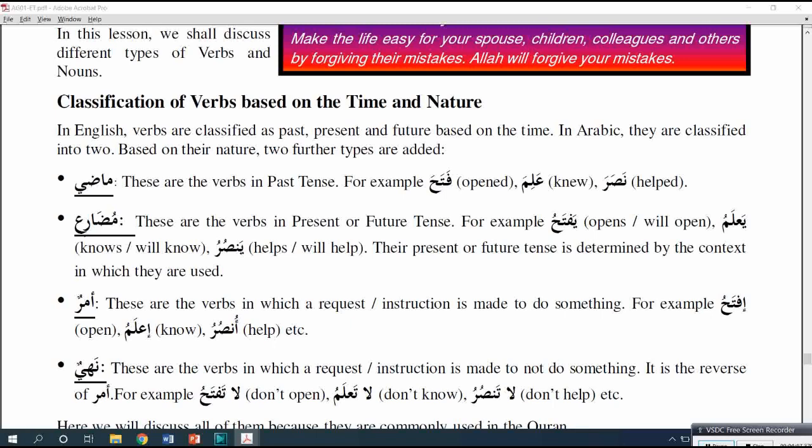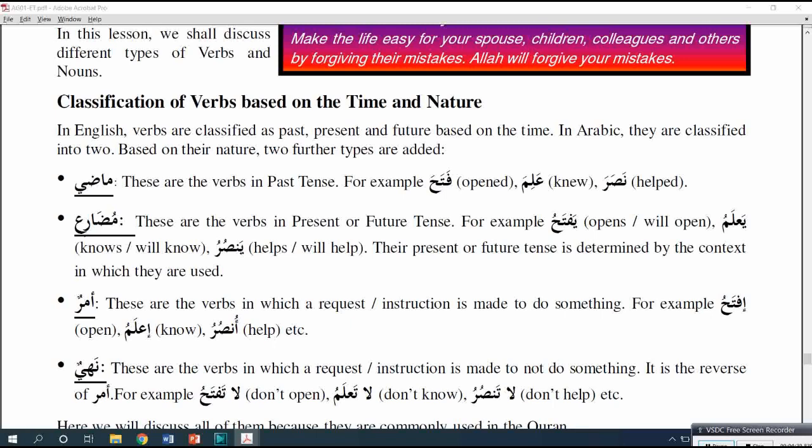You will find it. Yansuru, ana yansuru, I help, or ana yansuru, I will help. For example, this is for the future, and another example. So this is mudari.